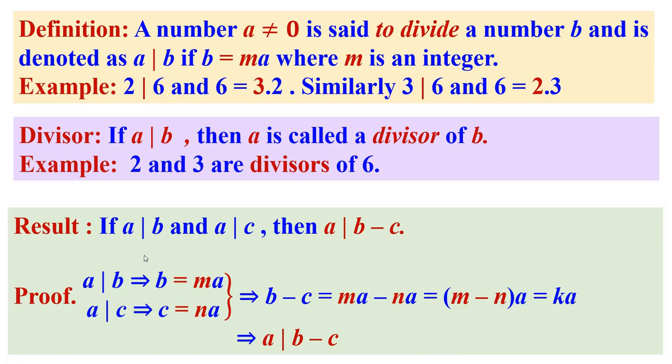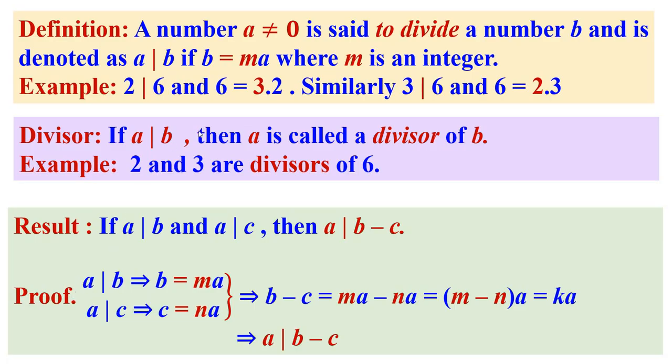Now again it's a very simple result. If a divides b and a divides c, then a divides b plus or minus c. Here we establish it for the difference; even for addition this can be proved. So a divides b, a divides c, and we have to show that a divides b minus c.